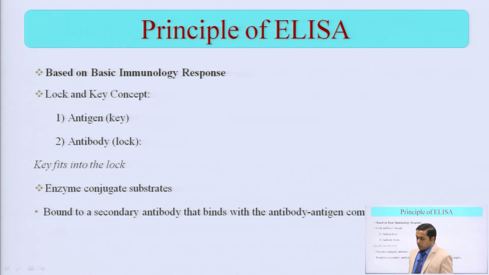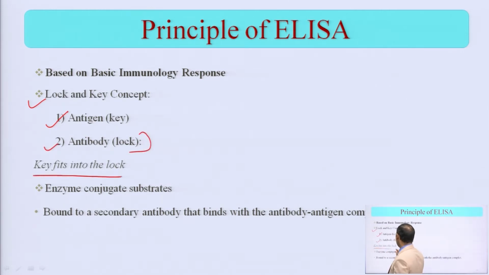Now, what is the principle of ELISA? The principle is very simple, it is based on the lock and key concept. I hope all of you have studied in your school days, and also in B Pharm first year and second year, about the lock and key theory. So, the antigen that is present, we call it a key, and the antibody, we call it a lock.